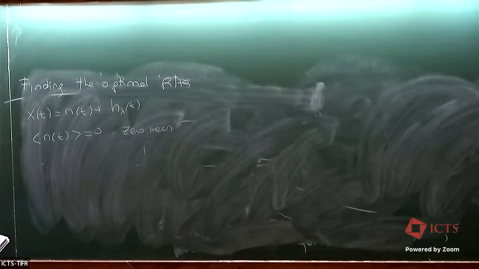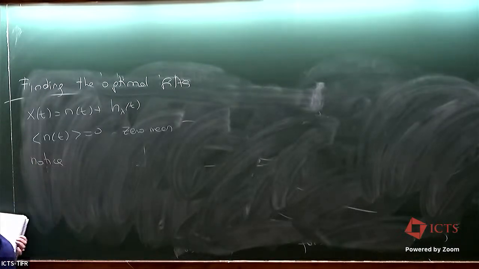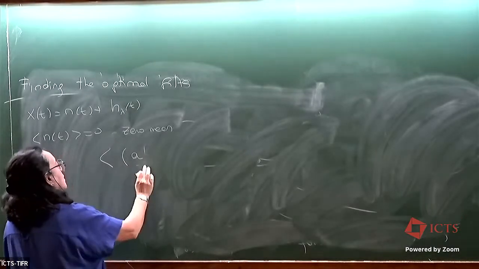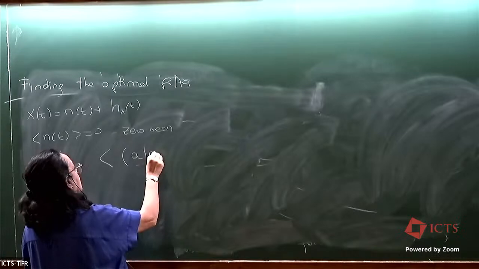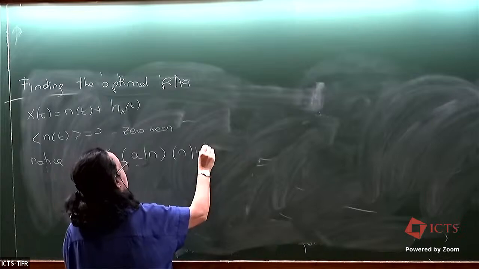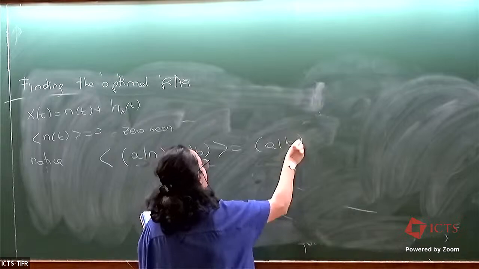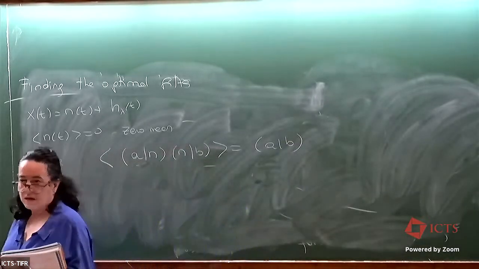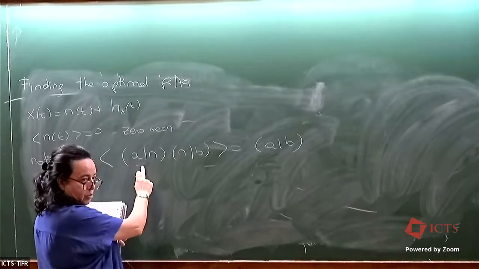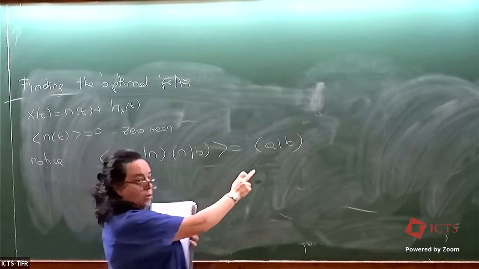And if my noise is 0 mean, you should notice one property: given A and B any 2 time series, the ensemble average of the scalar product of A with the noise and B with the noise equals this quantity here.